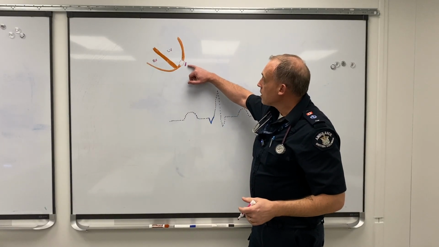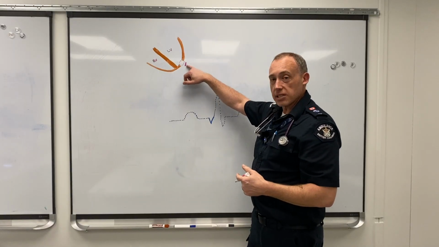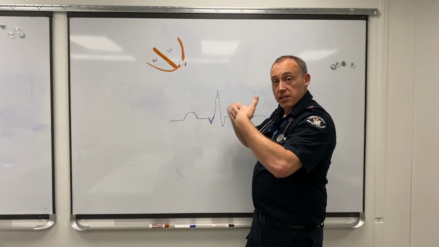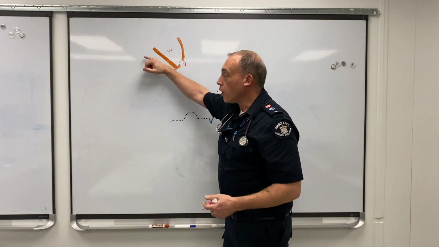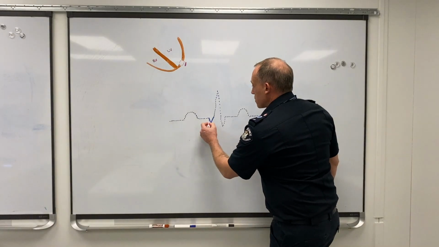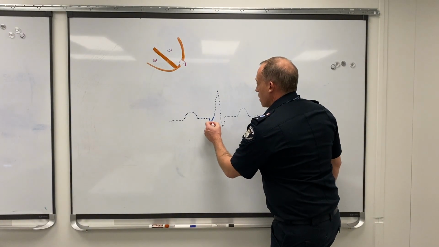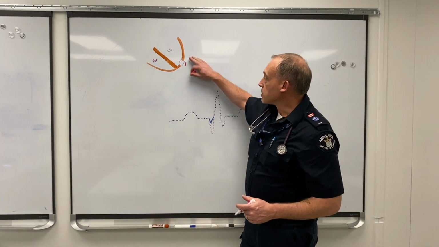In this case, we don't get as much of that positive deflection coming towards this lead because that part is dead. It's not conducting anything. But we still see all the stuff that's going away from that lead. And when we do so, we'll see these Q waves get bigger and deeper and potentially wider as this heart muscle dies.